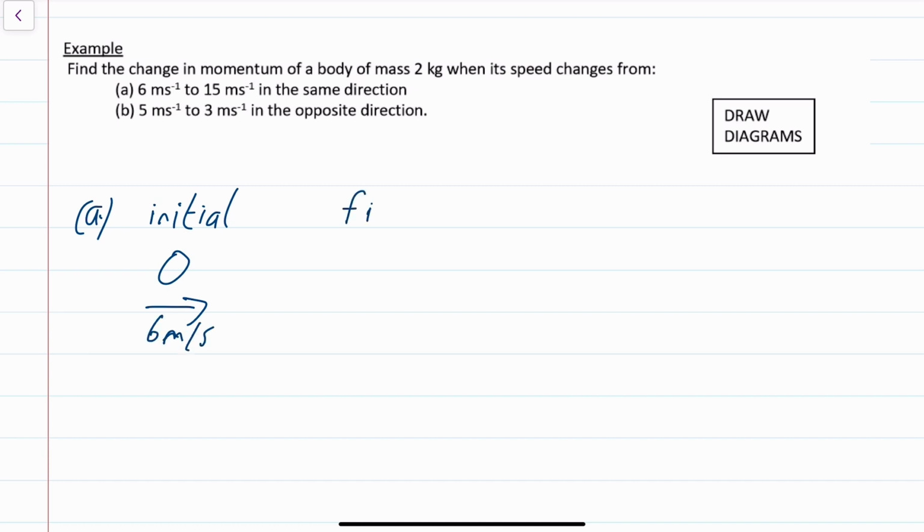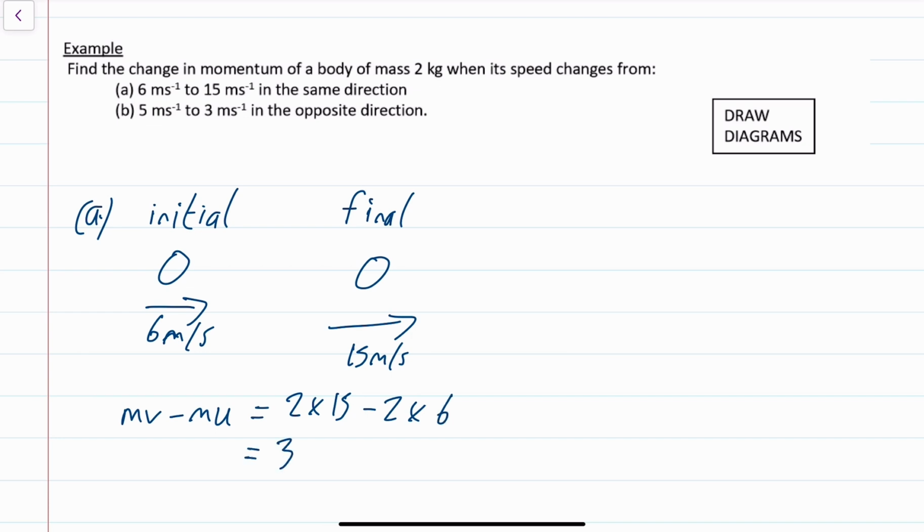And then your final, it's still going in the same direction, but it's increased to 15 meters per second. So you just say your mv minus your mu is 2 times 15 minus 2 times 6, which is 30 minus 12, which is equal to 18 newton seconds.